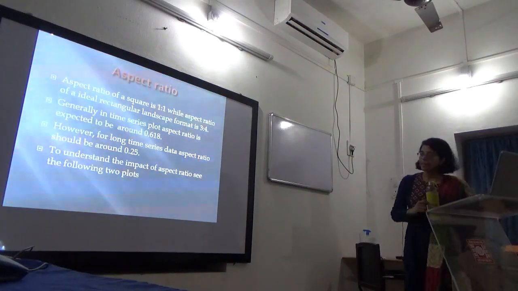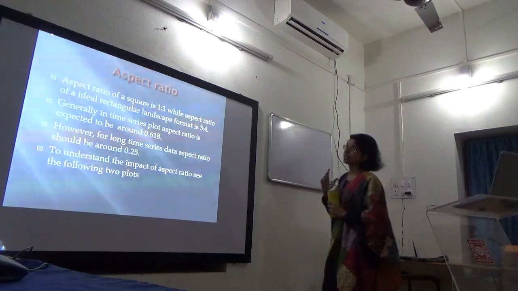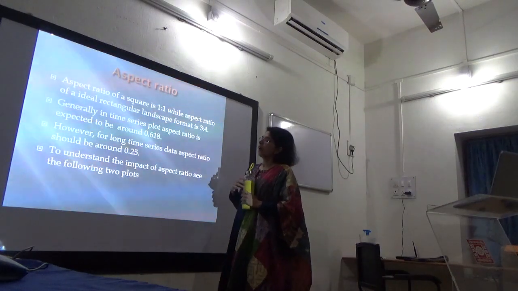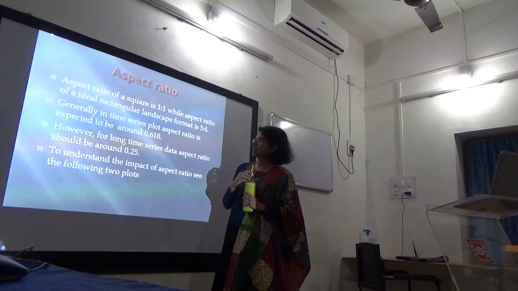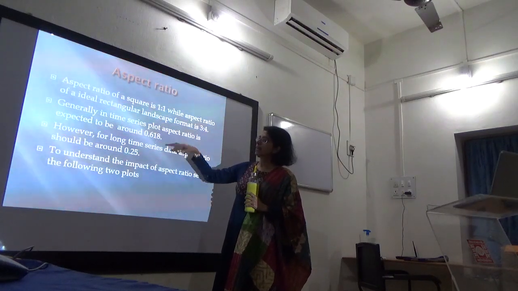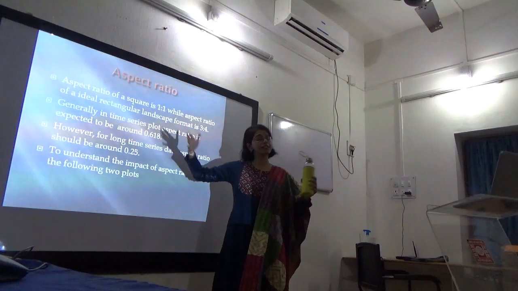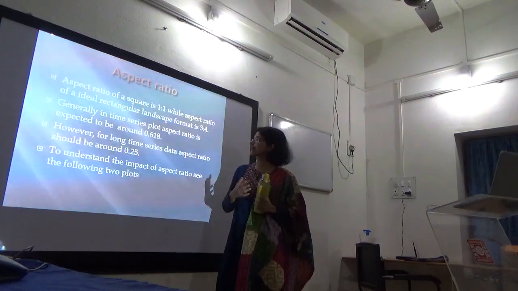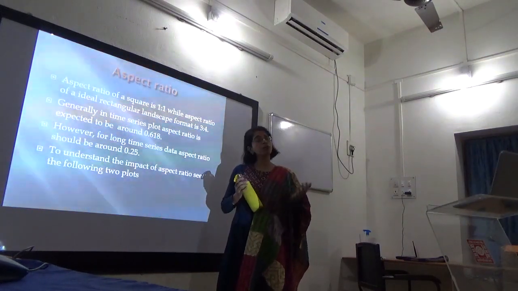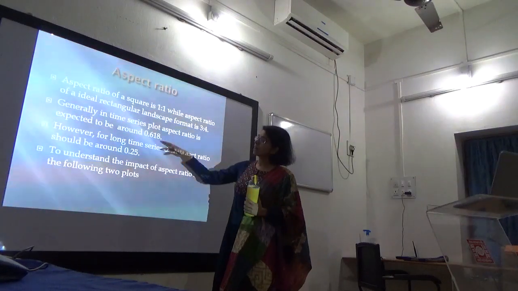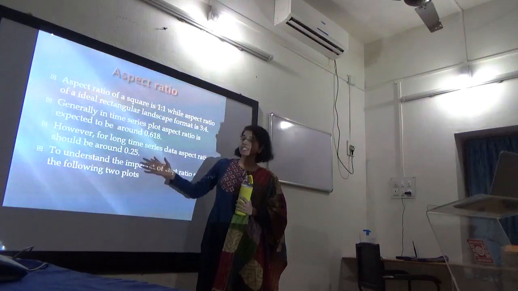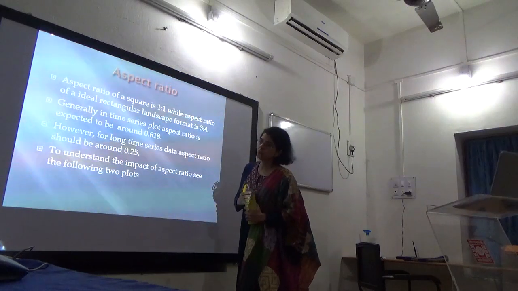Mostly in a time series plot, our required aspect ratio should be 0.618, and if your data is really long, that means it consists of more than 100 observations, then your aspect ratio is expected to be 0.25.